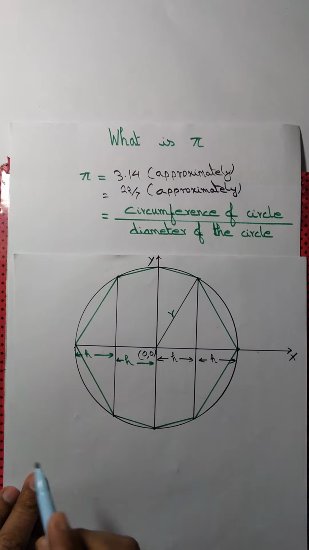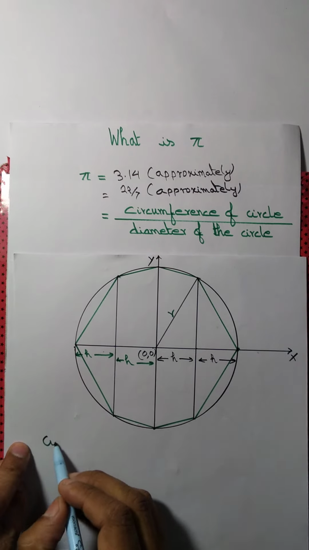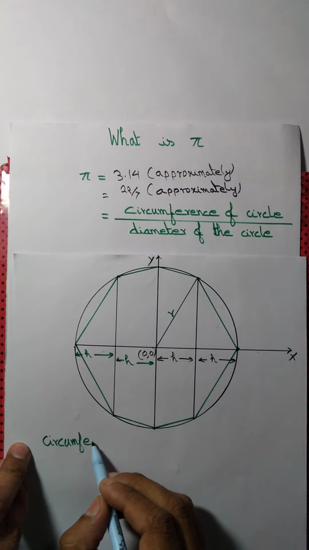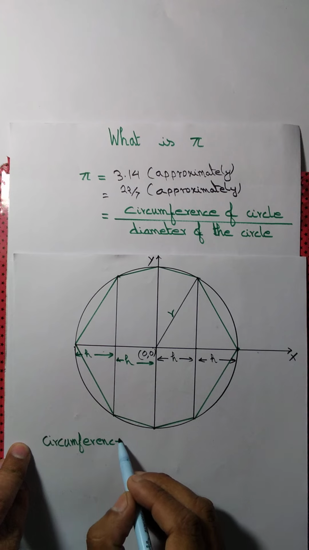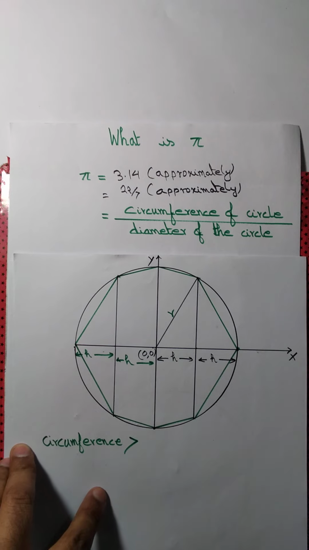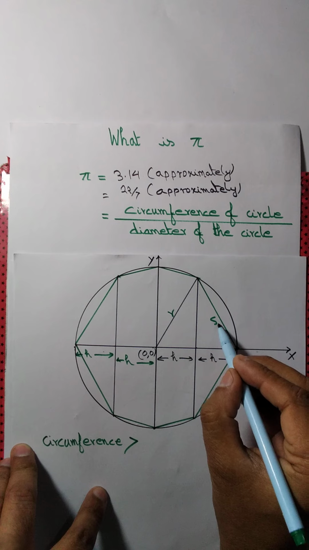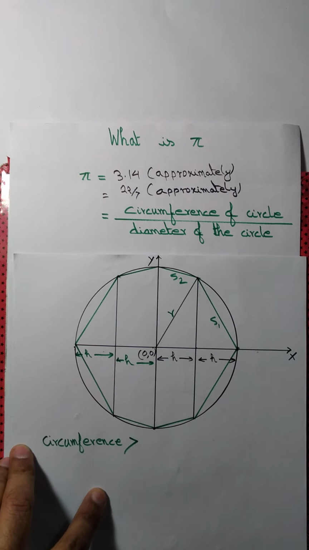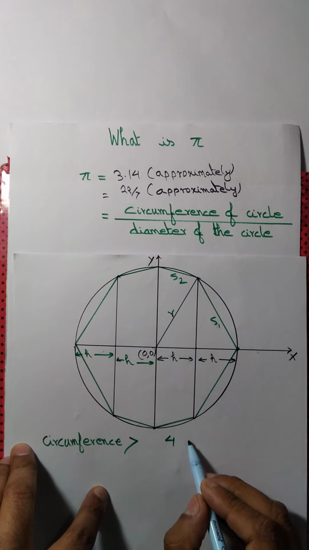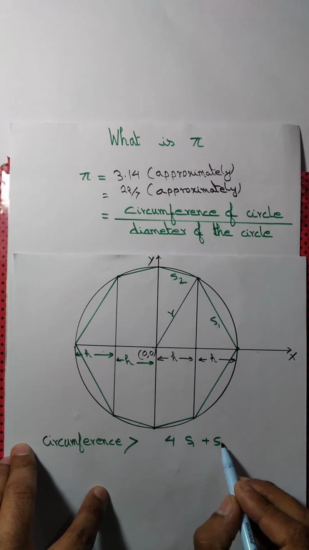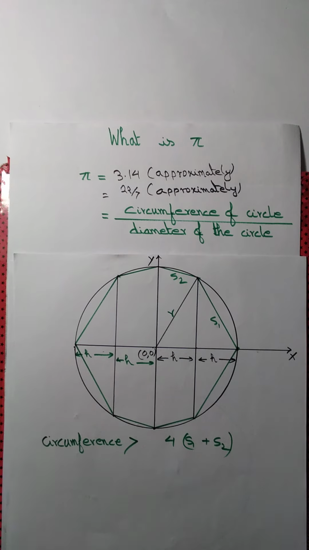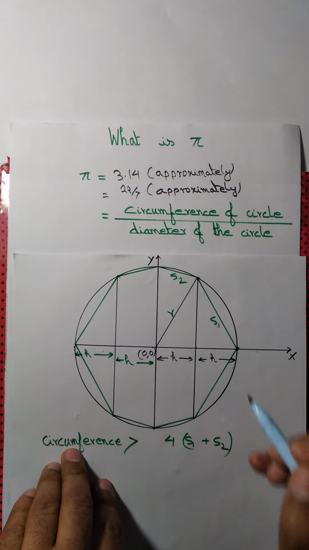First we observe that the circumference is bigger than, let this be of length S1, let this be of length S2, 4 times S1 plus S2. Now let's determine the length of S2 first.